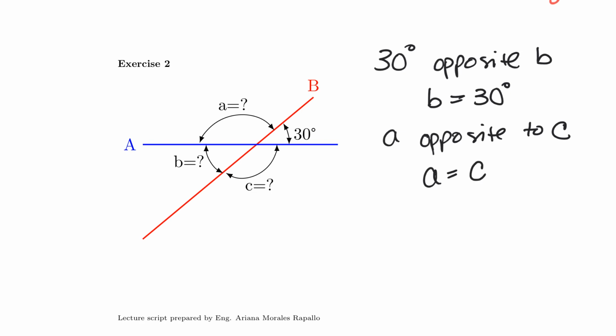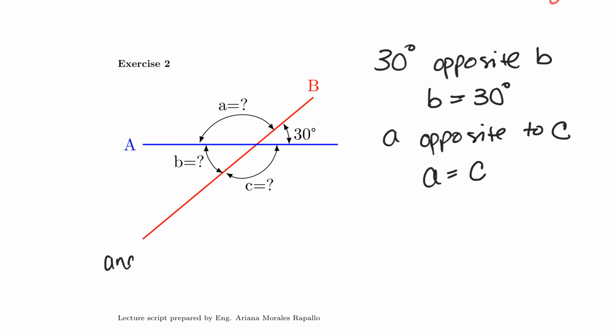So let's go ahead and figure out how we can calculate the missing angles in this problem. As we can see here, to go from one point of line A to another point of line A, we have to add the angle 30 plus the angle A. And in the previous lecture, we already mentioned that the angle in a line is 180 degrees.